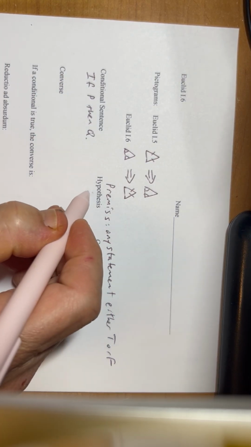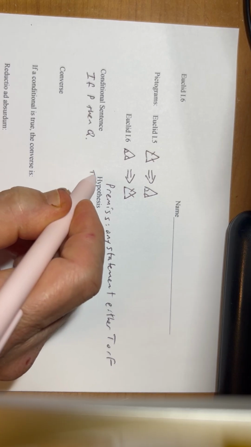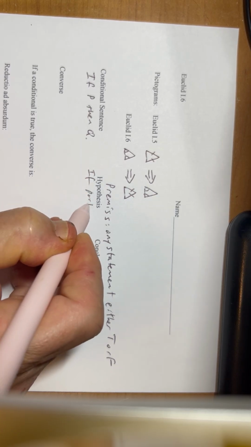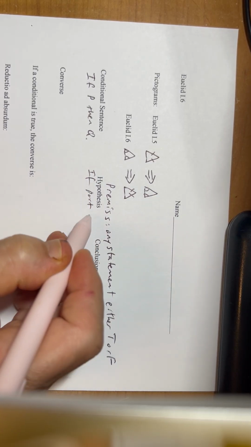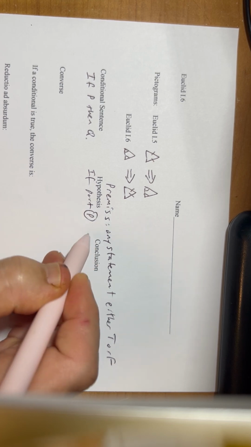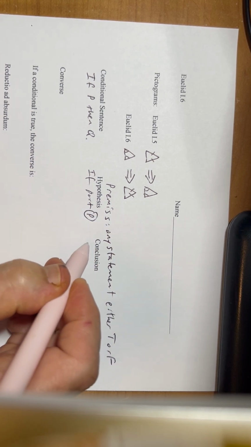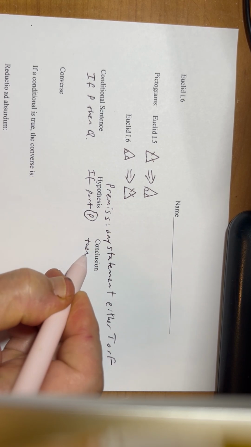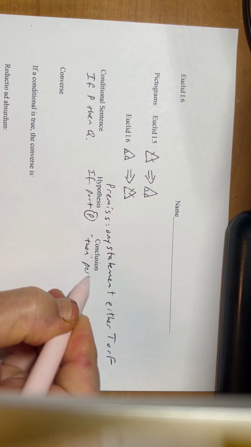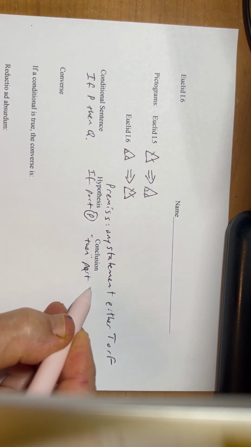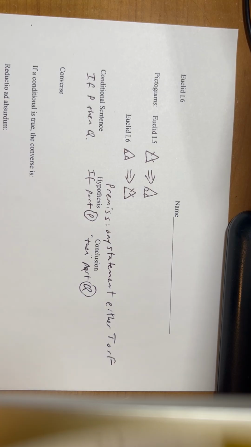All right, P is called the hypothesis. It's the if part of the sentence. And P is the hypothesis in this sentence, and Q is the conclusion. It's the then part. All right? So P and Q are the premises of this.